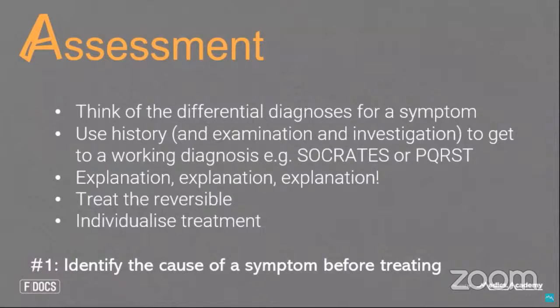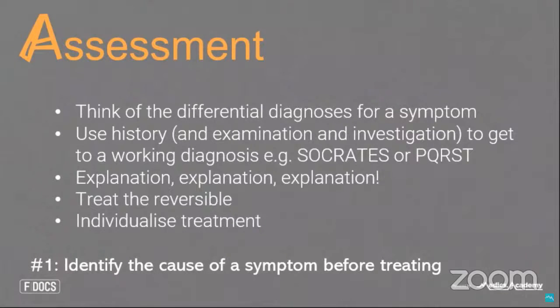There are lots of different assessment methods, but for physical symptoms, systems like SOCRATES or PQRST work well. SOCRATES stands for site, onset, character, radiation, associations, time course, exacerbating factors, and severity. It's designed with pain in mind, but a lot of those features can be applied to any other symptoms as well.